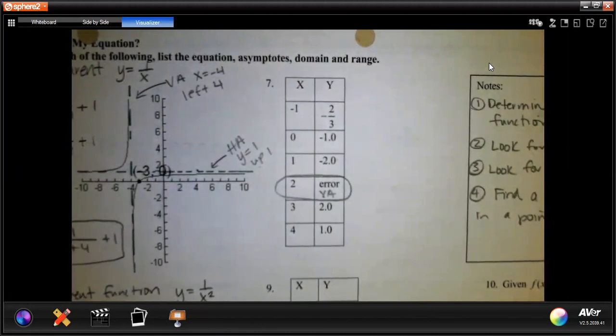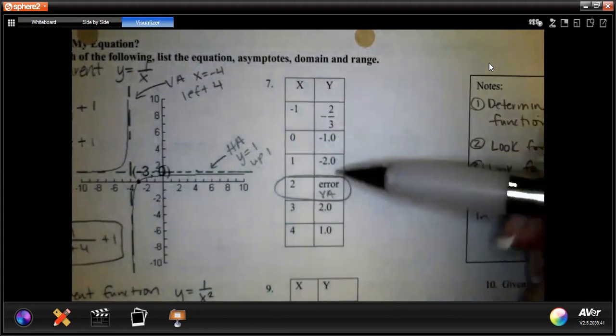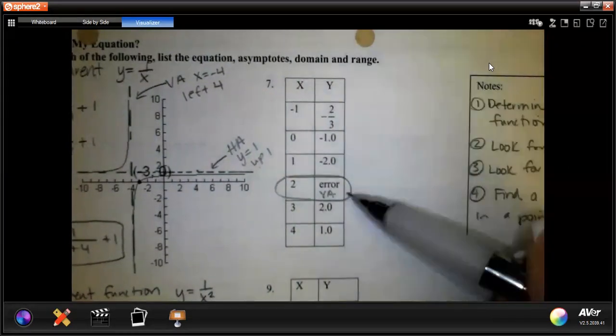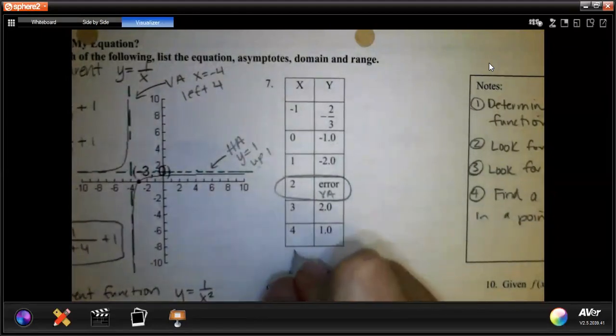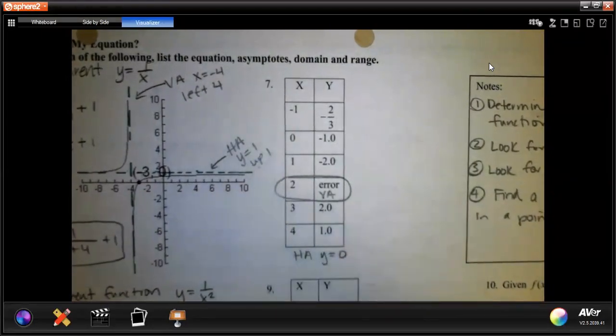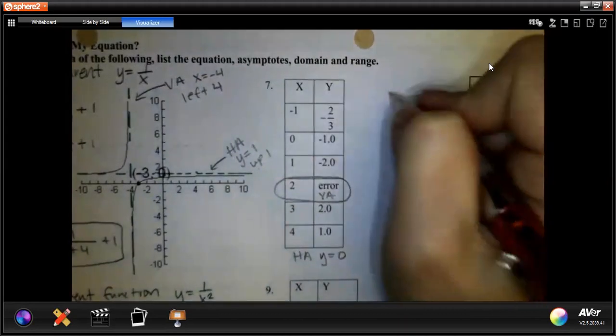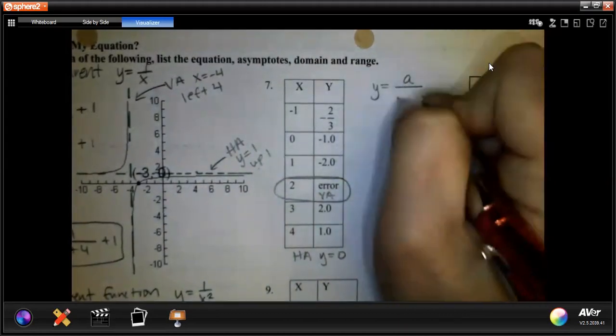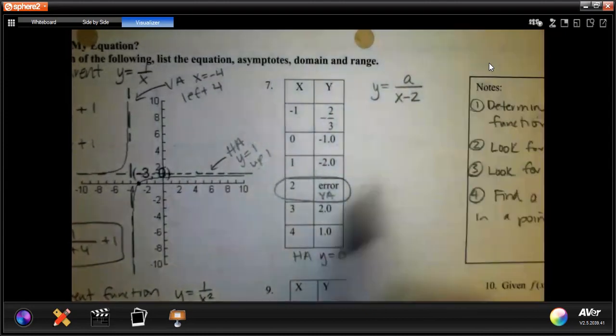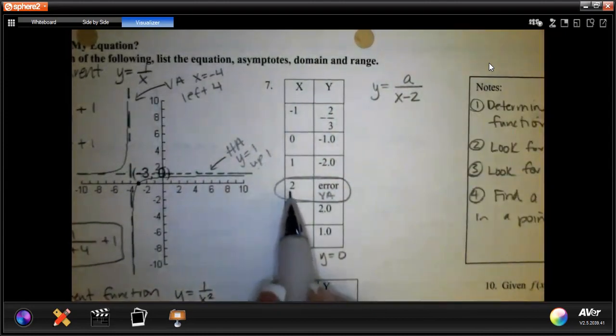Since that is moving towards 0, -2, -1, -2/3, this side it's going 2, 1, and it's getting closer and closer to that 0, then we know that the horizontal asymptote is at y equals 0. So we would start our equation by putting in an a, and then x minus 2. Because our vertical asymptote is at 2, we know that it's gone to the right 2.